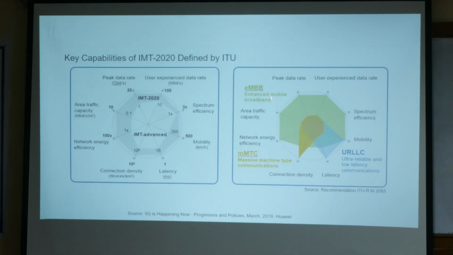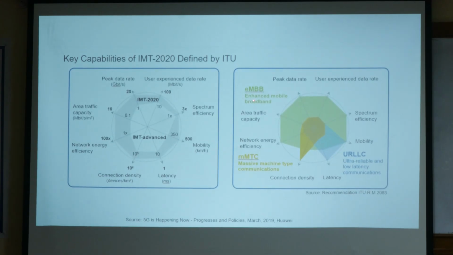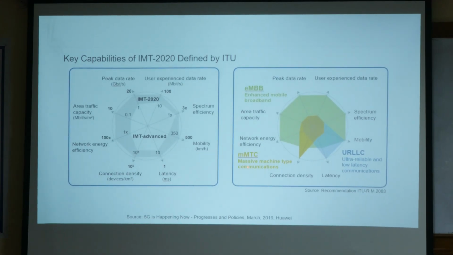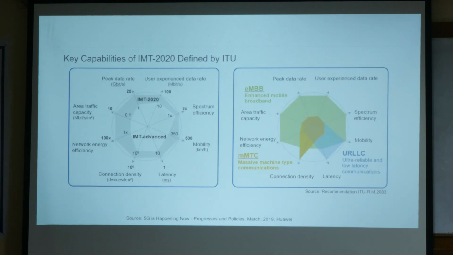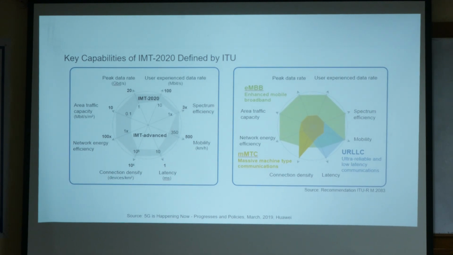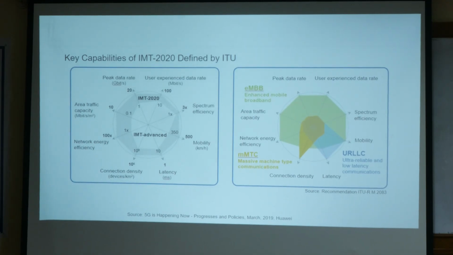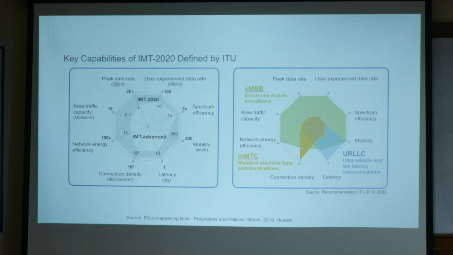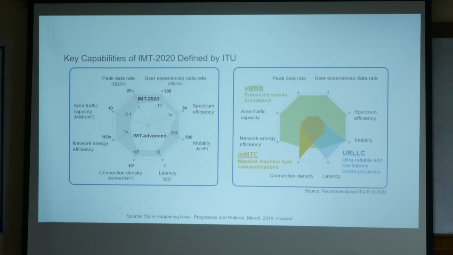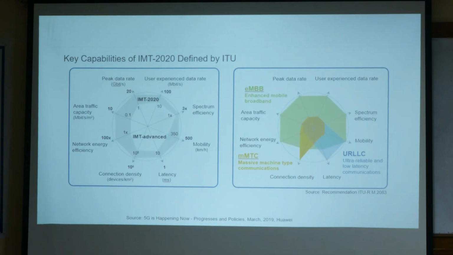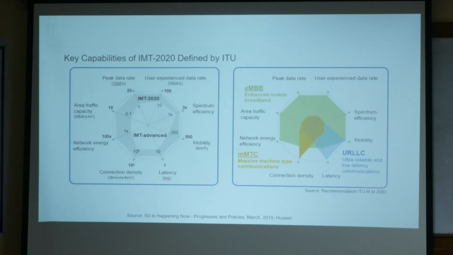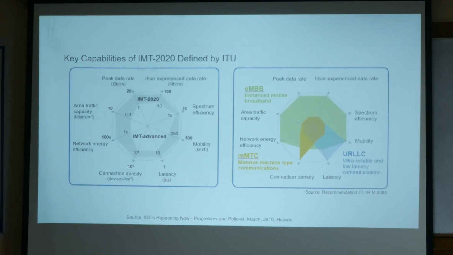One is eMBB, enhanced mobile broadband, then massive machine type communication, and ultra reliable and low latency communication. The network at the base station is divided into three parts. One part is related to mobile broadband, where the users will get gigabit data rates. The mobile users are very happy with it because they are getting more and more data rates.